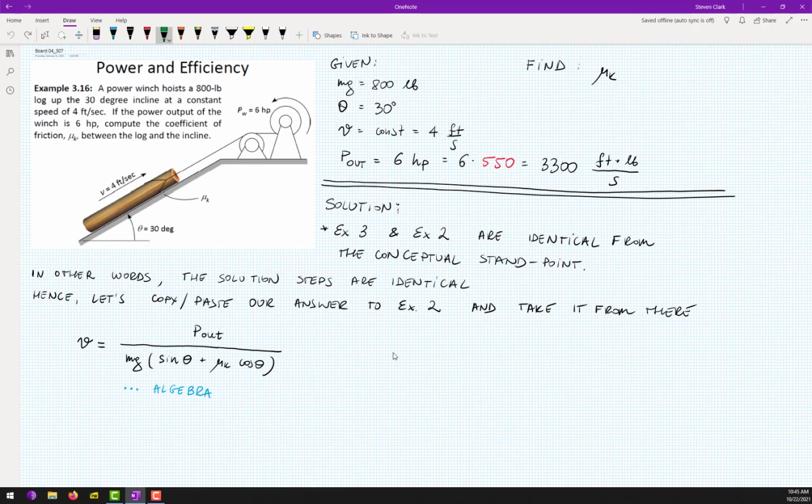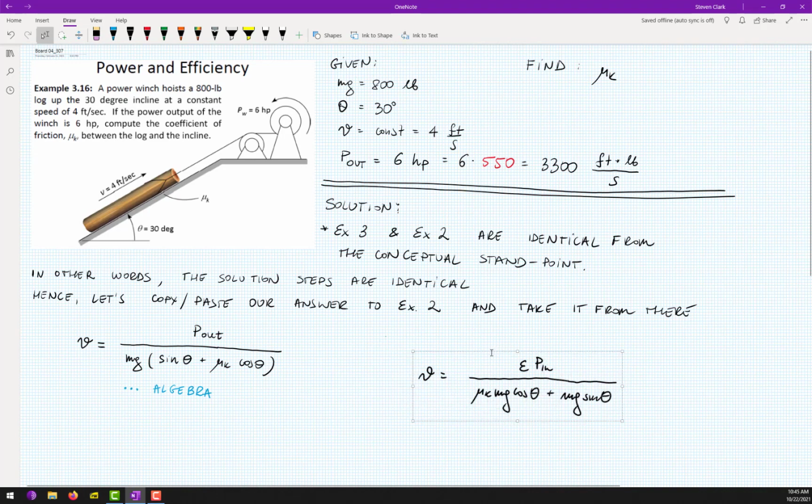So I just want to copy paste here what we found on the other board, with one caveat: instead of epsilon P in, we are just going to use P out.